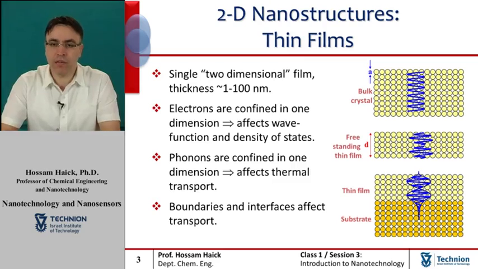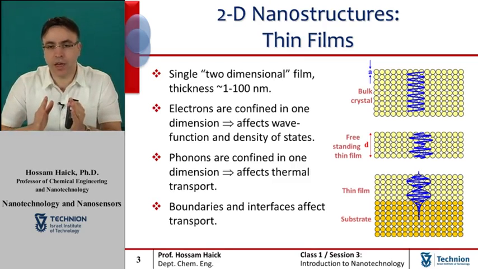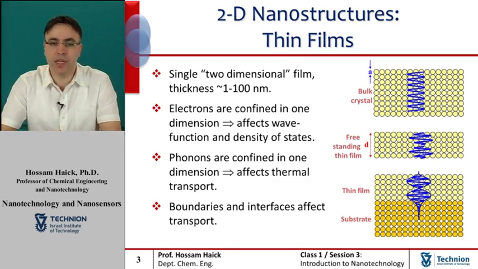The confinement of the electrons that exist in these systems changes their interaction with electromagnetic radiation significantly. Electrons are confined in the direction perpendicular to the substrate and thus affect the wave function as well as the density of states.